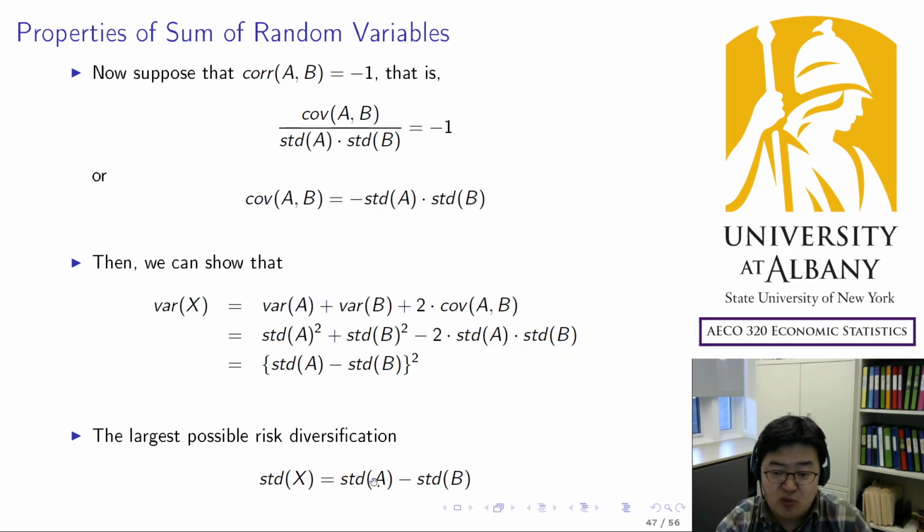In an extreme case where the standard deviations of A and B are the same, the final risk will be 0. But if the standard deviations are different, adding the additional investment will perfectly reduce that much risk.